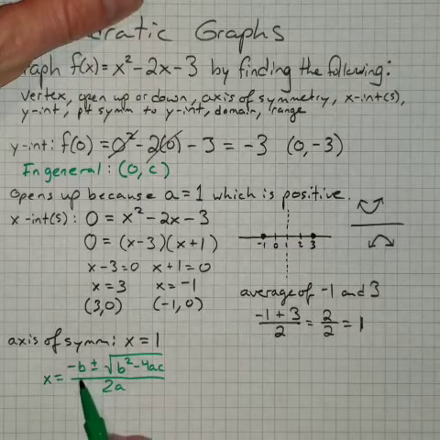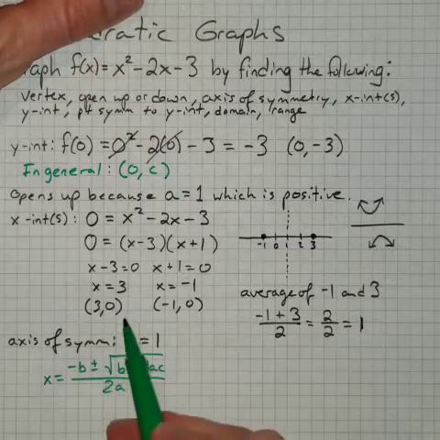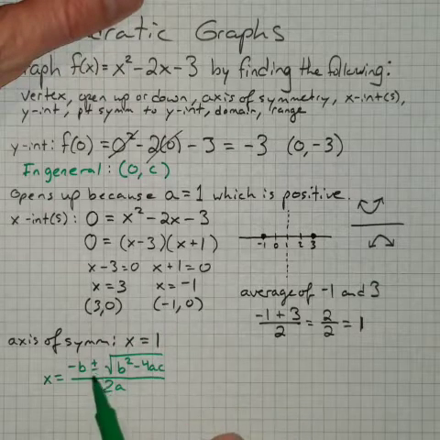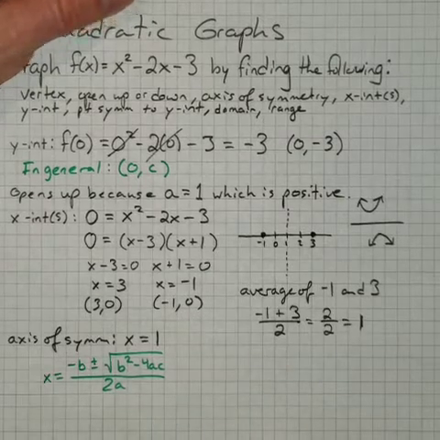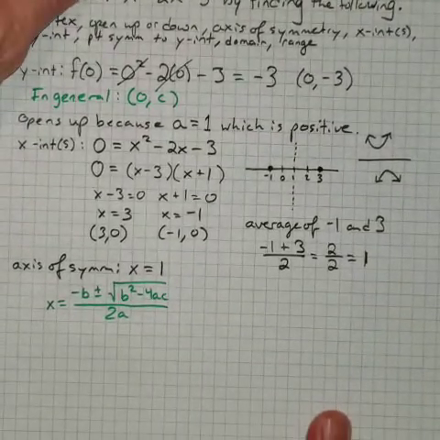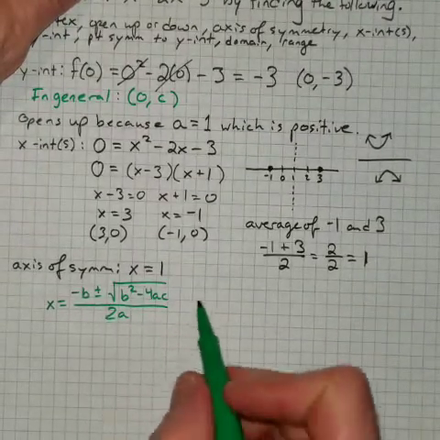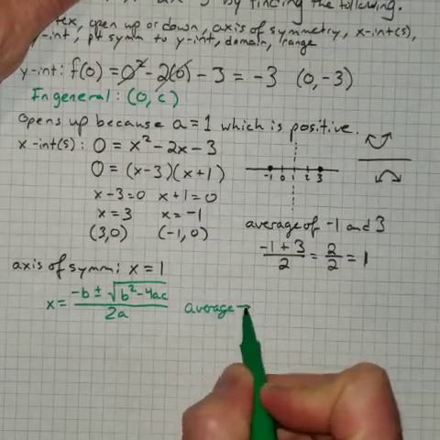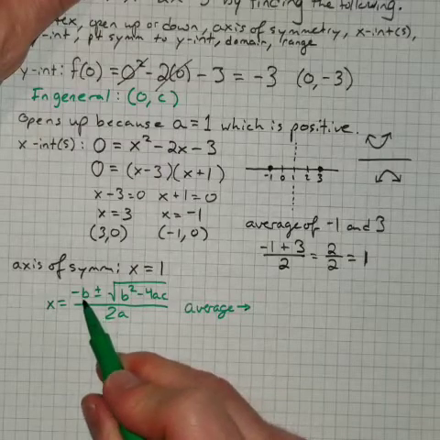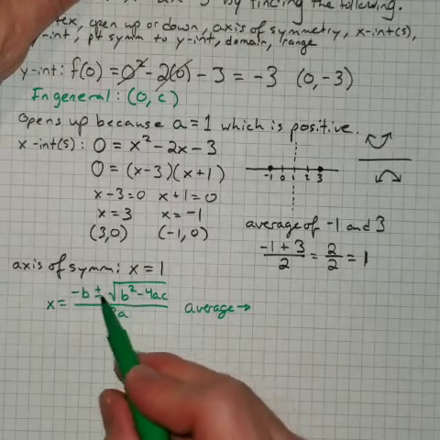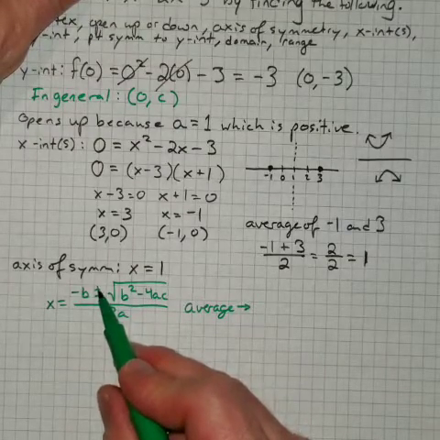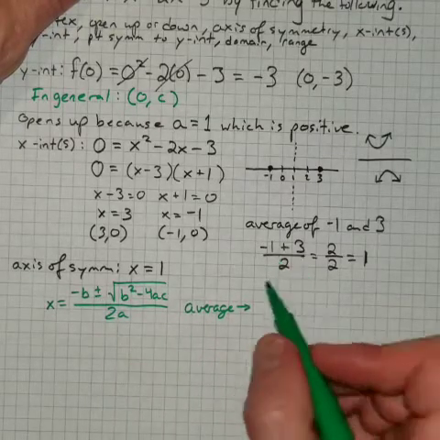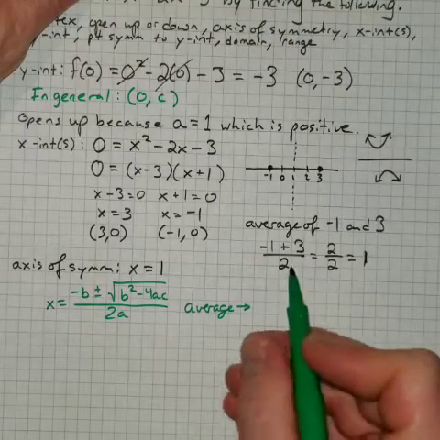But what's interesting is that one of the x-intercepts will come from the plus and the other one will come from the minus. If you were to average the two values, you'd be taking the quadratic formula with the plus and adding it to the quadratic formula with the minus and then dividing by 2. So you'd have something very nasty looking.